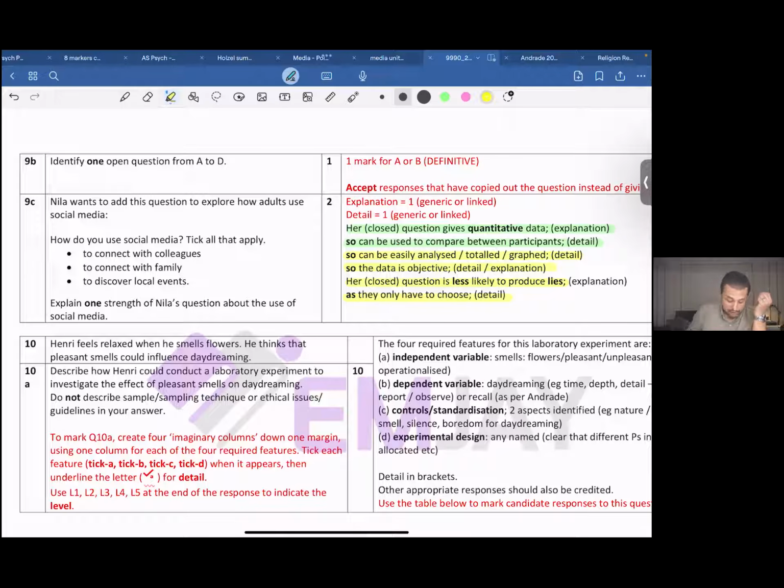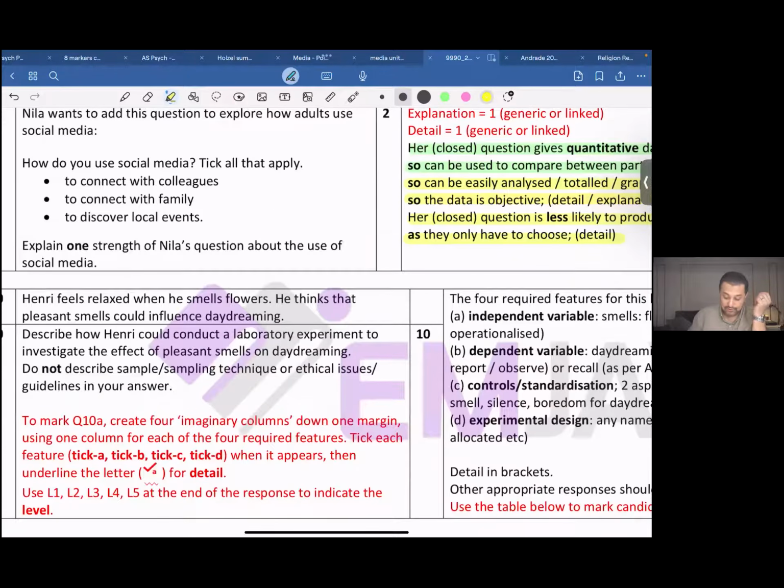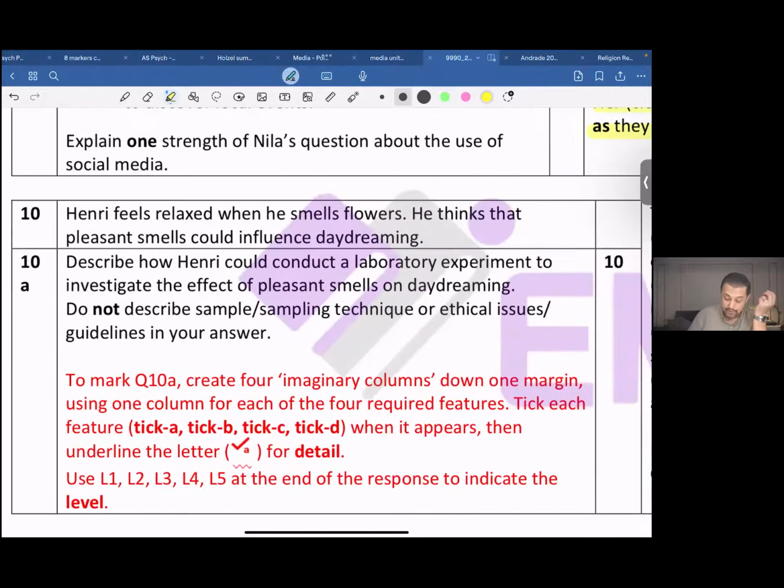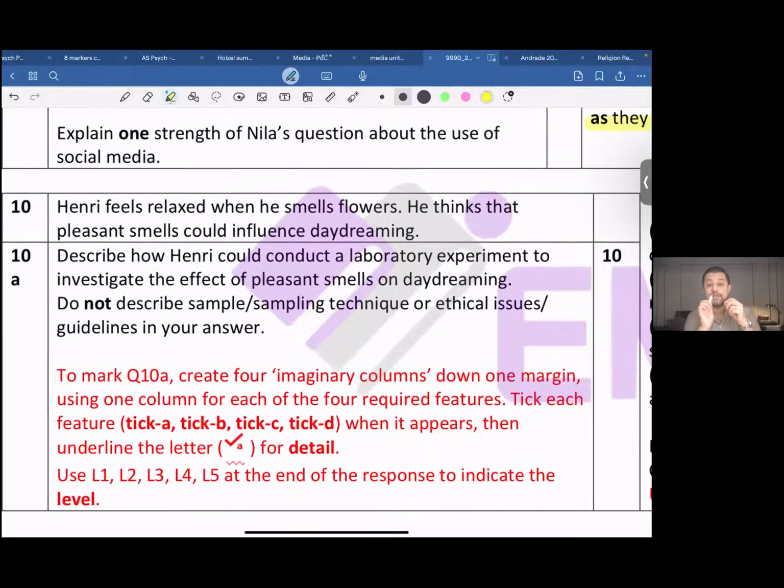The 10th question over here, the planning a study question, also referred to as the designing a study question, is the infamous question that students find very challenging. About this question, remember, this comes in two parts. The first part is of 10 marks, where you're asked to think of a proposal for a particular study, or you're asked to design a study, or plan a study.